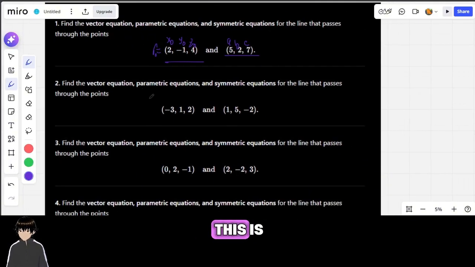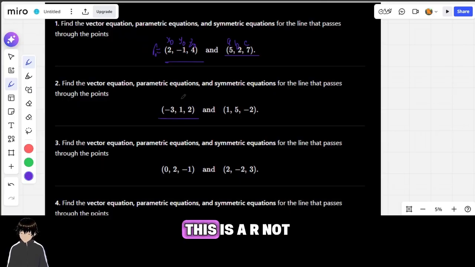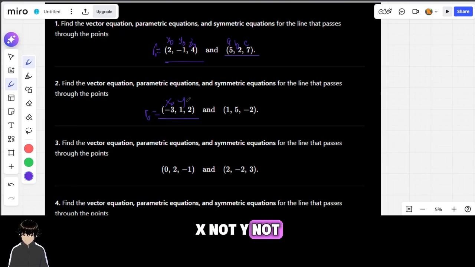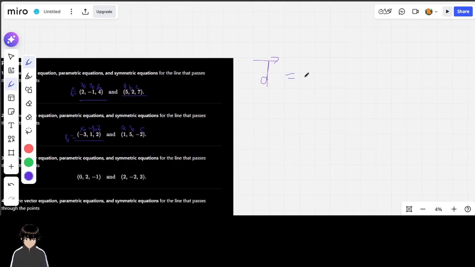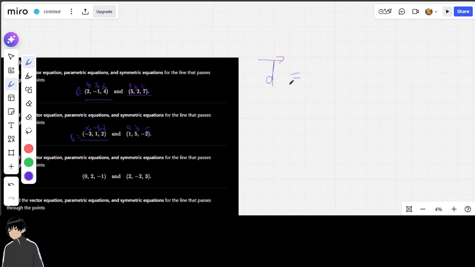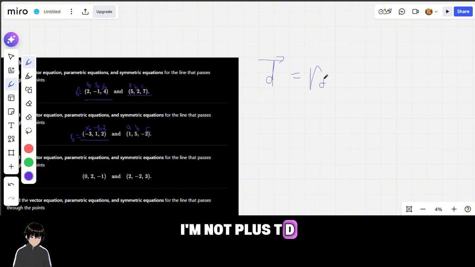Find a vector equation. This is R naught, X naught, Y naught, Z naught, A, B, C. Now we have to get the direction vector. So we have D is equal to R naught plus TD.